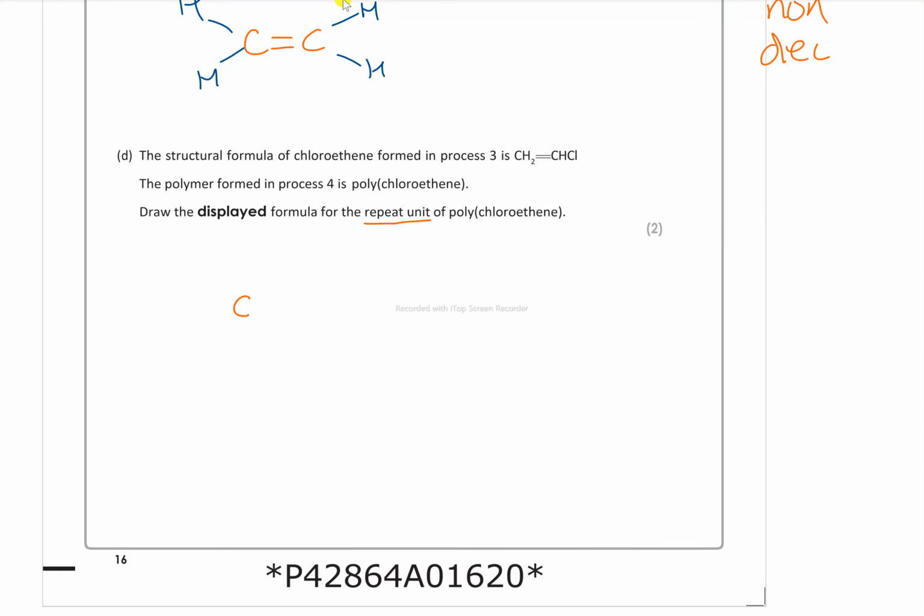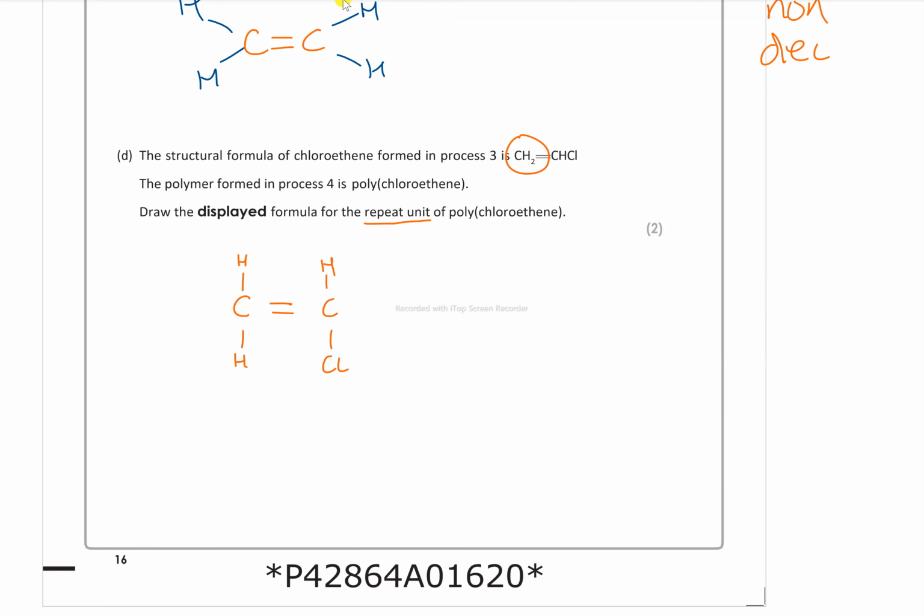So you've got, I'm drawing that first. Right, they're not asking for the monomer, they're asking for the repeat unit. So, right, let me just draw it as it is. Double bond, carbon, hydrogen, chlorine. You can put chlorine either side.